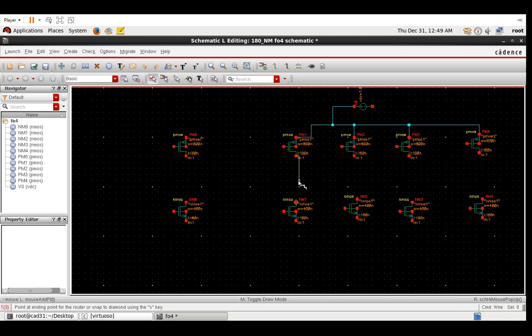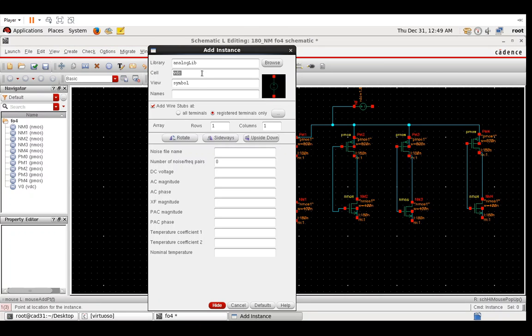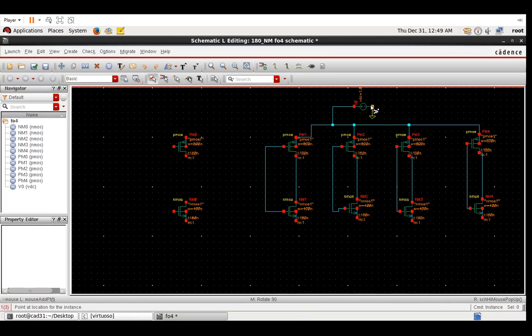The connections here, inverter, 2 terminals connected, and bottom I need a ground. So I'll put one here and I'll put one here and I'll put one here. Okay, so then make the connections to the ground in the same way.